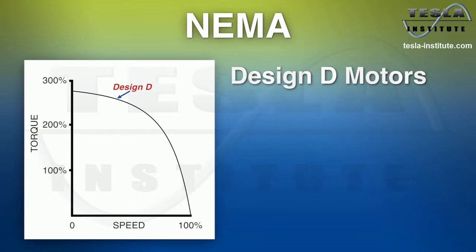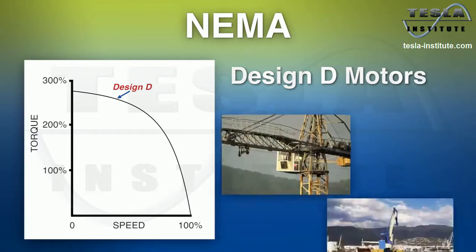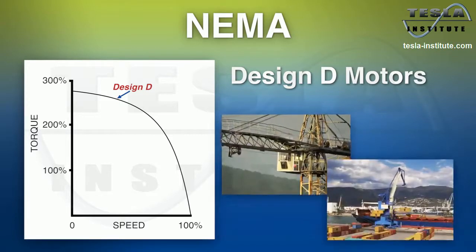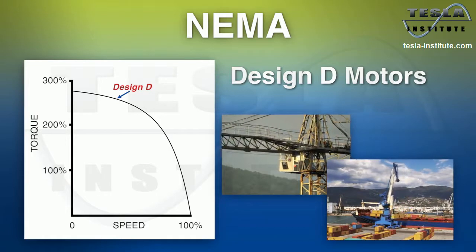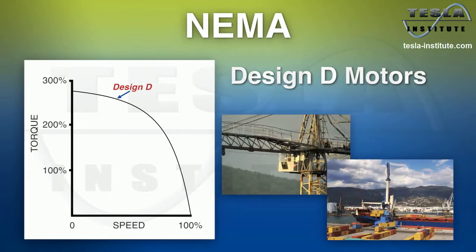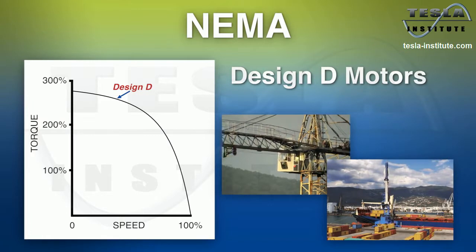Like Design C motors, you'll find Design D motors powering equipment with high starting torque requirements like cranes or hoists. Design D motors are also well suited to high impact load applications like stamping presses.